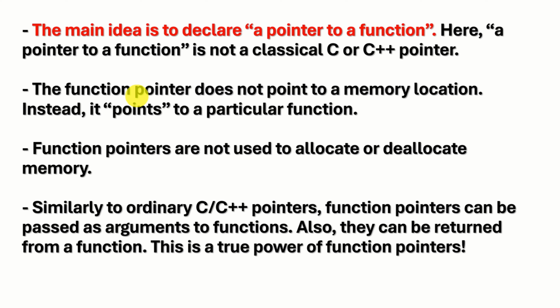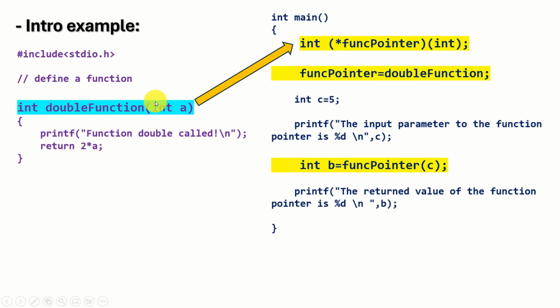Function pointers are very easy to use since they're not used to allocate or deallocate or free the memory. Then, similarly to ordinary C or C++ pointers, function pointers can be passed as arguments to functions. Also, they can be returned from a function. And this is the true power of function pointers that we will illustrate in the sequel.